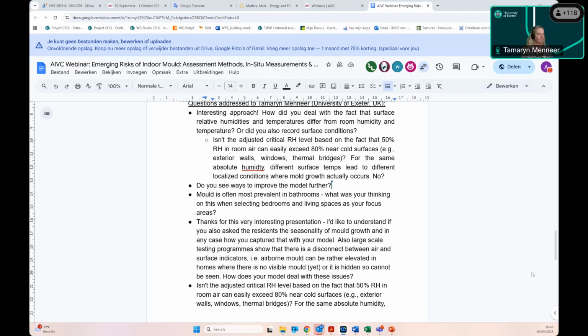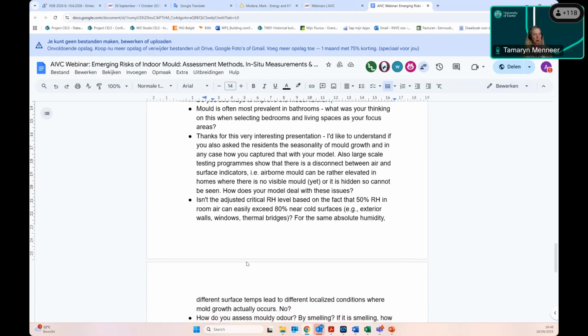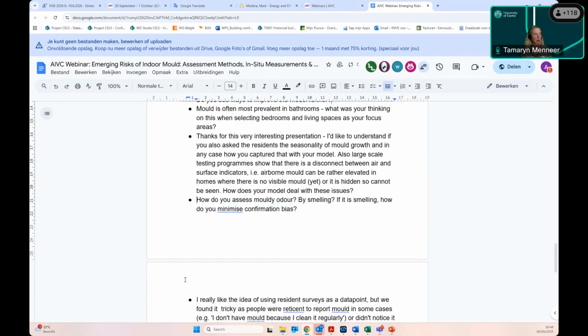Okay, thanks very much. Mold is often most prevalent in bathrooms. What was your thinking when selecting bedrooms and living space as your focus area? So yes, it is more prevalent in bathrooms, being a humid area. The sensors were placed for a large range of research questions across the whole of the SmartLine project.